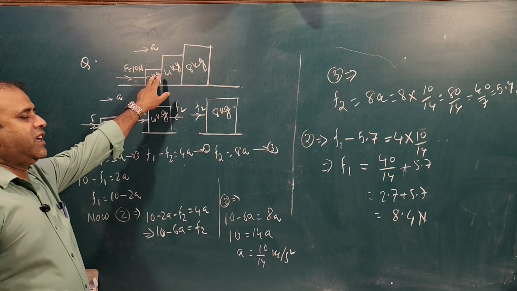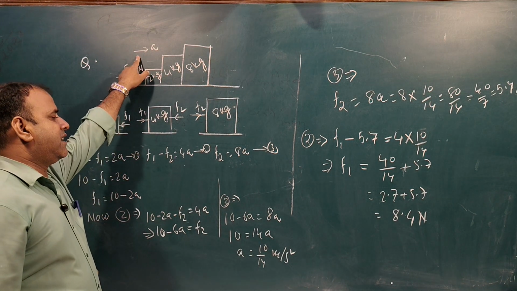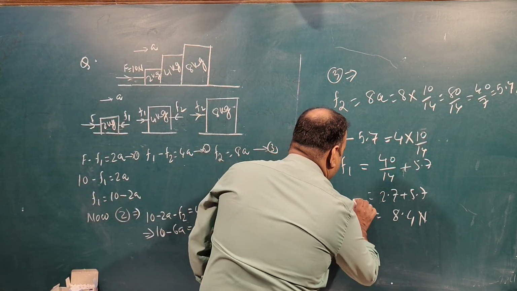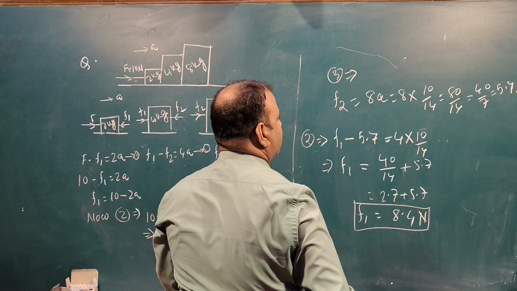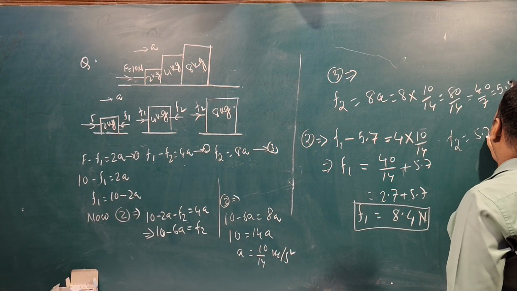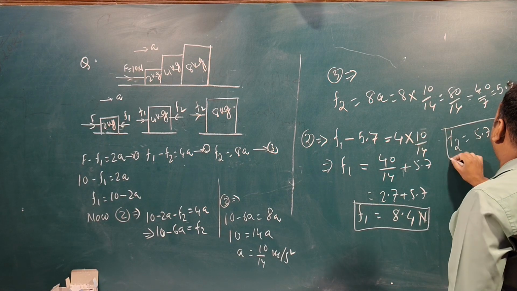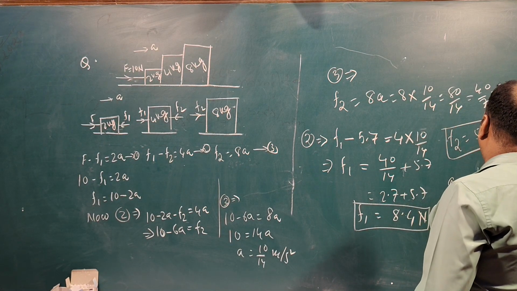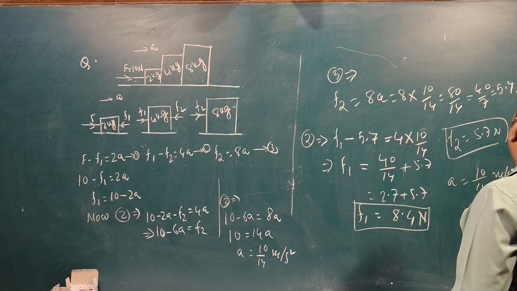the value of contact force and the acceleration. So the final results we are getting: this is the F1 value, and the second result we are getting is F2 is equal to 5.7 Newton, and the third one is acceleration is equal to 10 by 14 meter per second square.